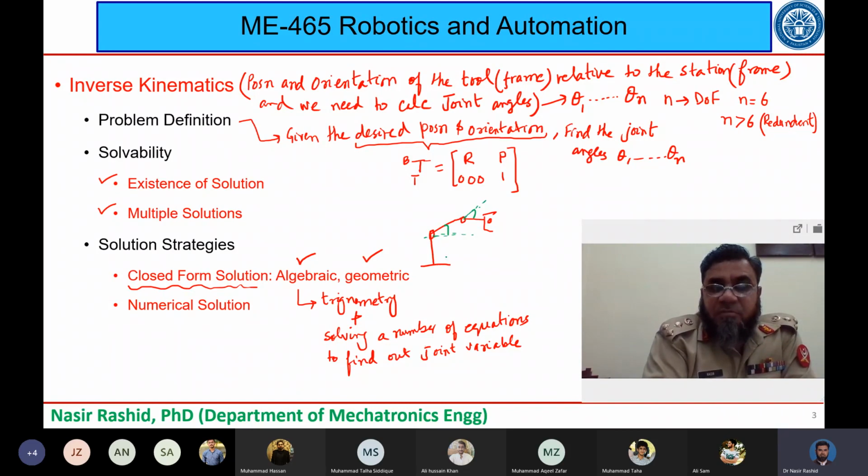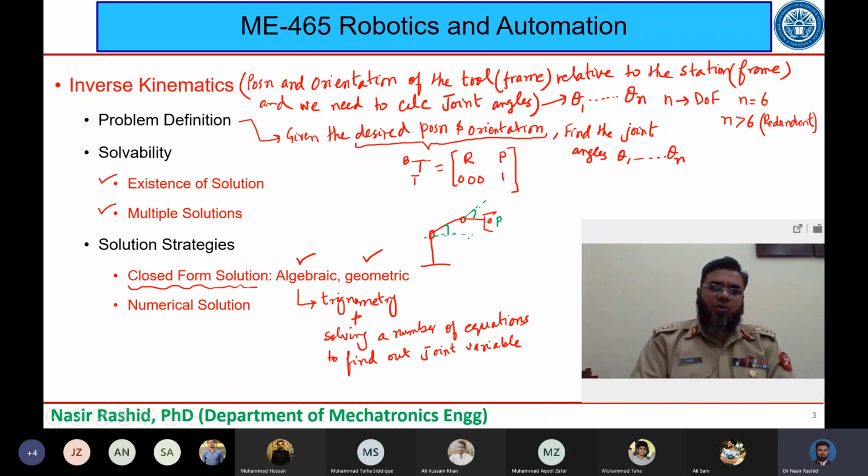But then when there are multiple solutions, it means that we can reach this point P in some other orientation also. So it means that we are going to have more than one solution. So drawing this solution every time will be very cumbersome. So very seldom we resort to the geometric solution, only if we are unable to find an algebraic solution.